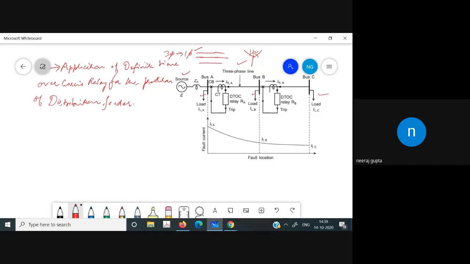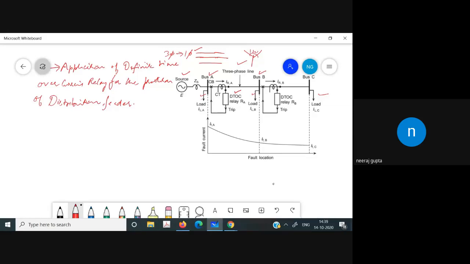So it's a three-phase feeder, and in this case we have two line sections, A and B, and C. Let us suppose that DTOC relays, definite time overcurrent relays, are used for that purpose. One is used at bus A, and one is used at bus B. And we have the loads ILA, ILB, and ILC at all the buses.